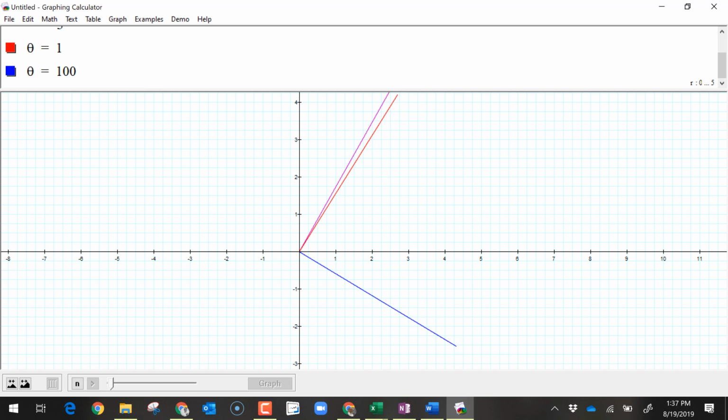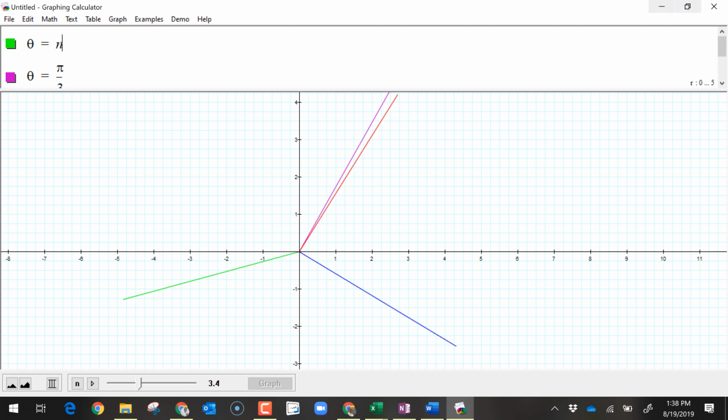And I guess we can play around with this with a slider. All right, so theta just controls the angle, and that kind of makes sense.